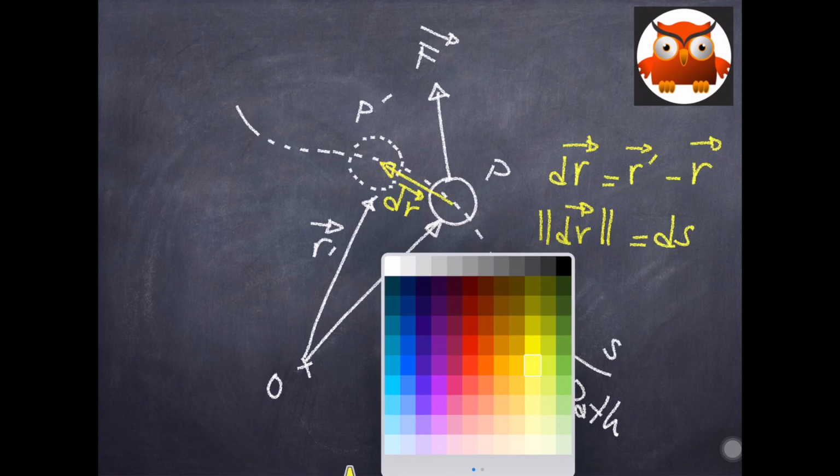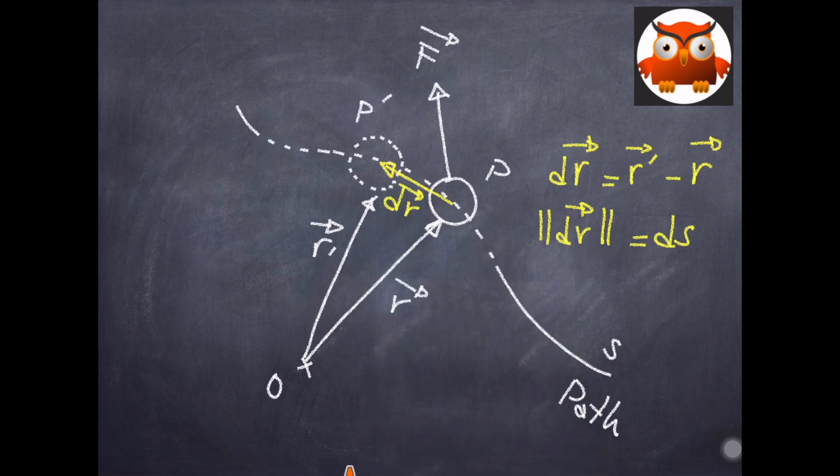Now we can define the work done by the force. It's actually a baby work done by the force F to move the particle from position P to position P prime, so that it moves a baby distance ds.